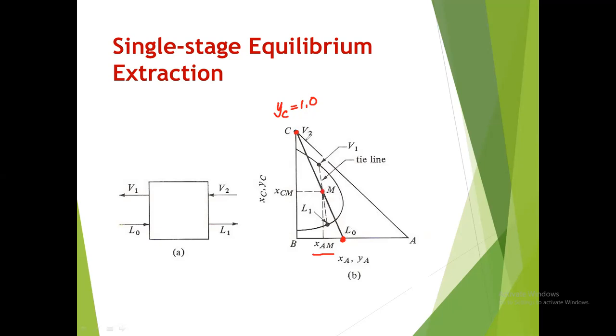The trial and error process, remember our first sample problem is also trial and error, of determining the composition of the extract, remember extract is V1. And I have mentioned in our previous discussion that extract is always on the upper part of the phase envelope. So the composition of the extract and the composition of the raffinate, L1 in this case, which is found on the lower part of the phase envelope, is determined using trial and error.